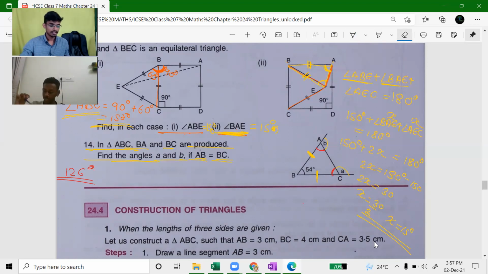Tell me the individual angle. Divide it by 2 and tell me.